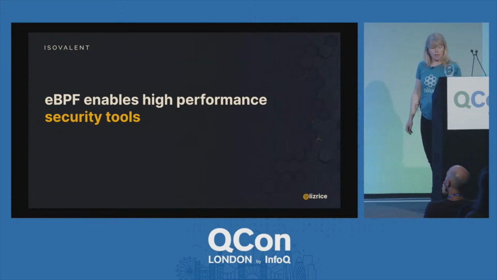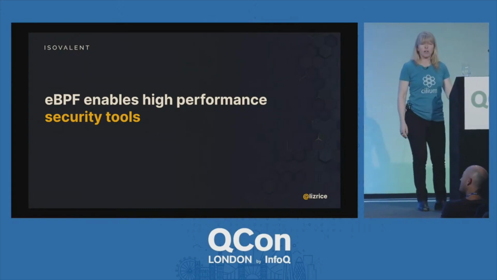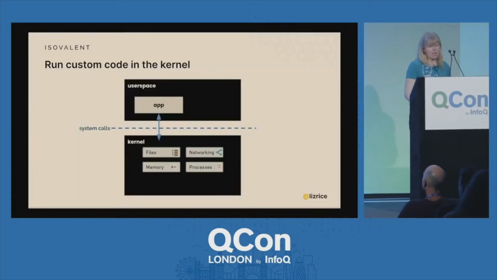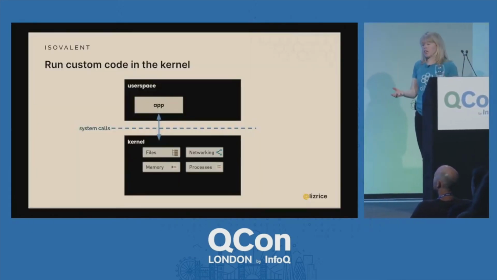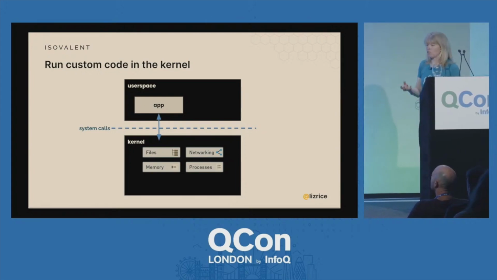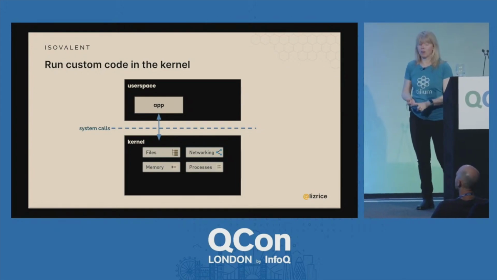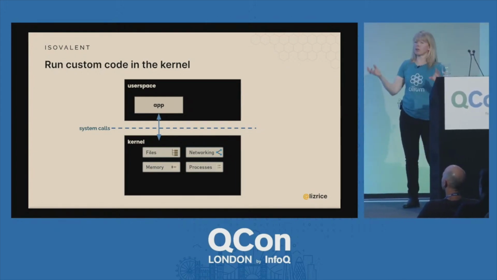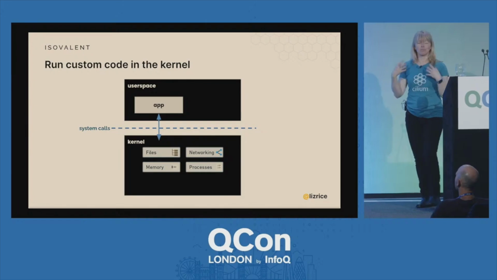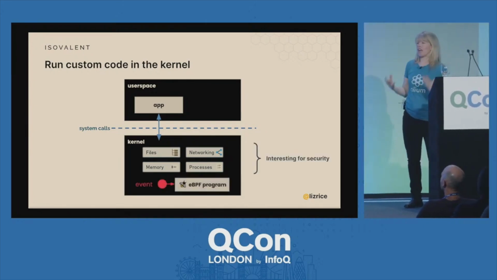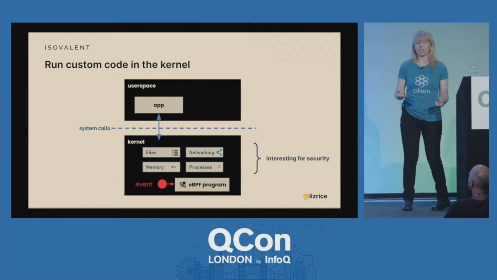So I mentioned a little bit about security tools and how we can use eBPF for high-performance security. As you know, we're talking about being able to observe everything that's involved with hardware, so files and networking and memory, and the kernel's also managing processes and things like permissions and privileges. And those are really the things that are interesting for security purposes.